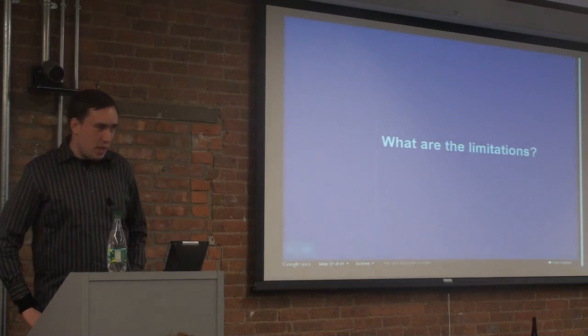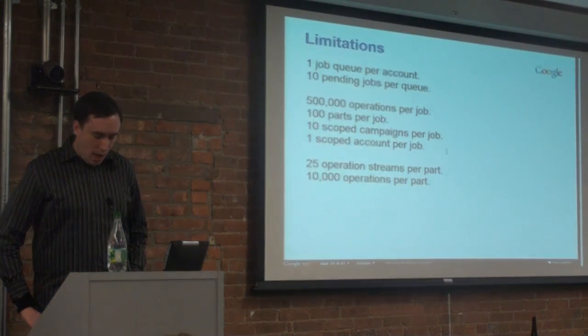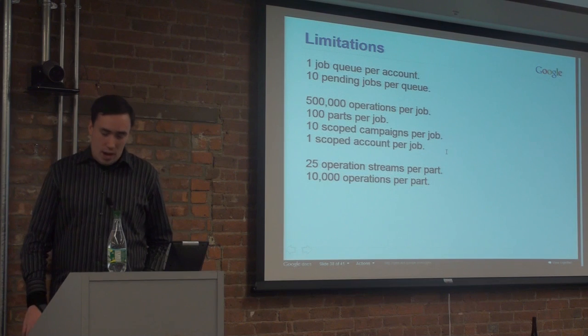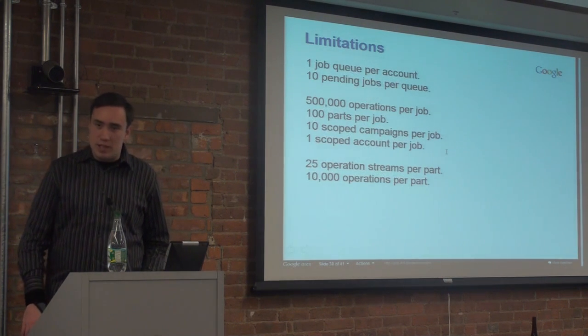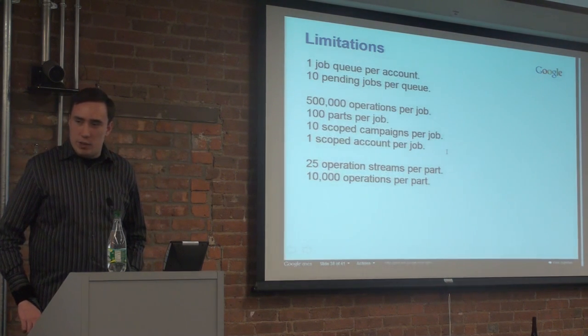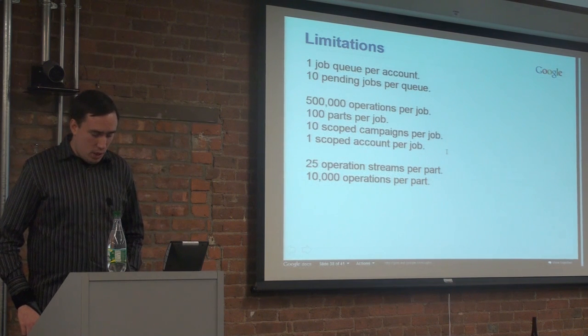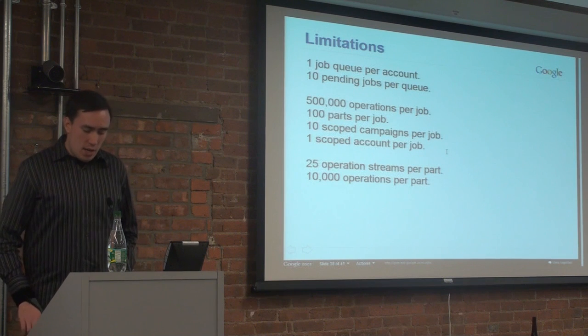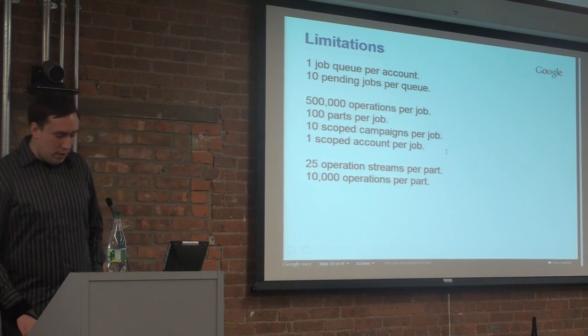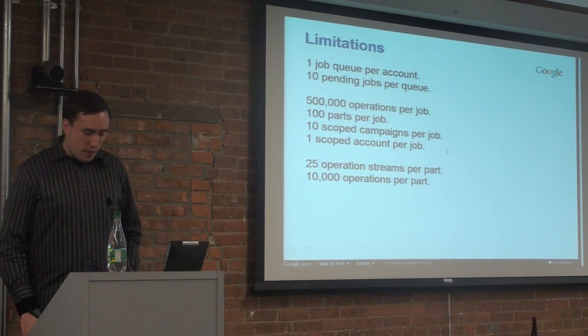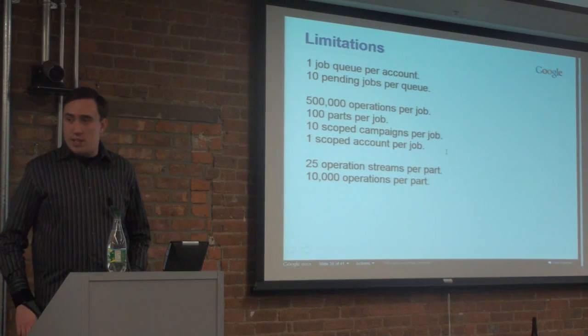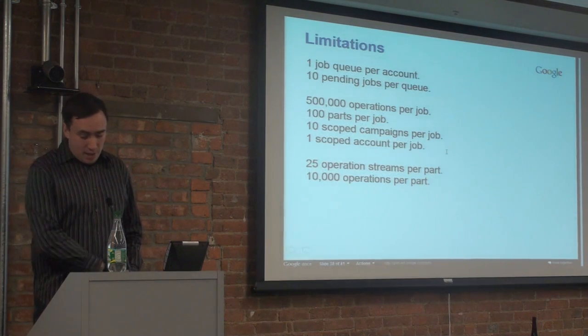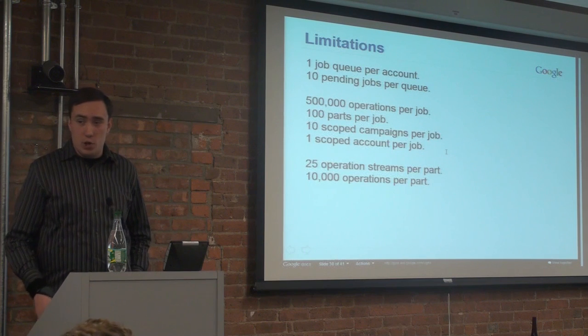So, some of the limitations, and I think we touched on some of these. There's one job queue per account with a 10 pending job limit, kind of like your report service queue. And there are some numerical limitations about how big a job can be. A job can only have 500,000 operations and only so many parts, and currently only 10 scoped campaigns or one scoped account.